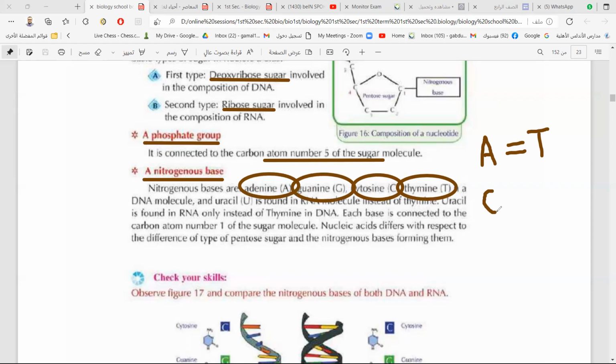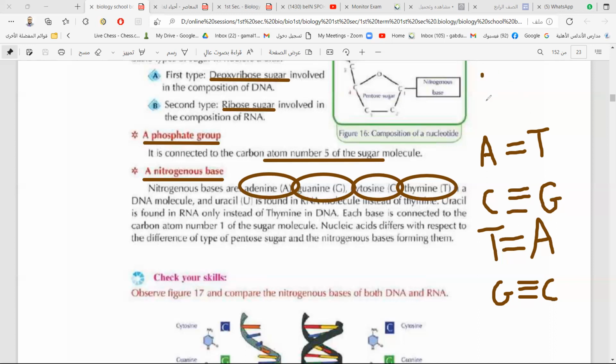And cytosine always bonds with guanine, with a triple bond. We have A with T, and we have C with G. It can be TA also, and it can be GC, no problem. But always A with T and always C with G. Okay? This is in the DNA molecule.